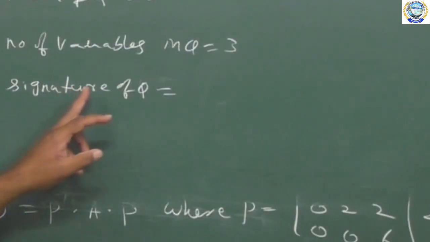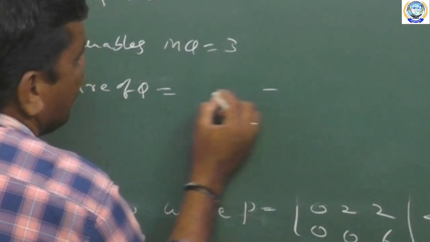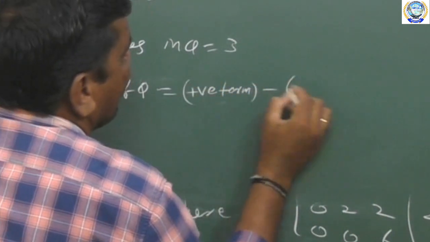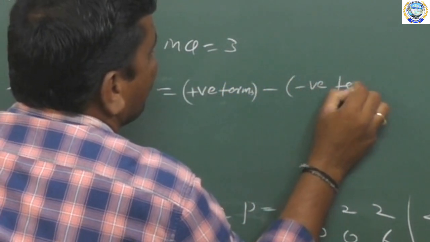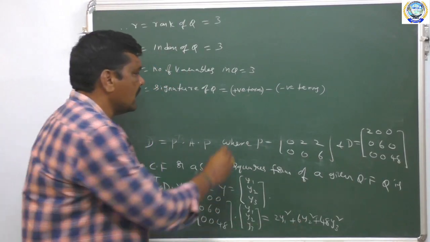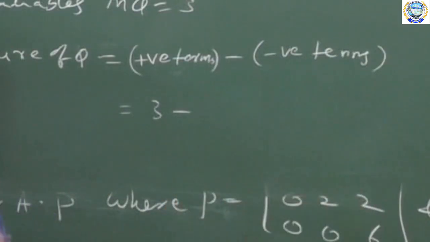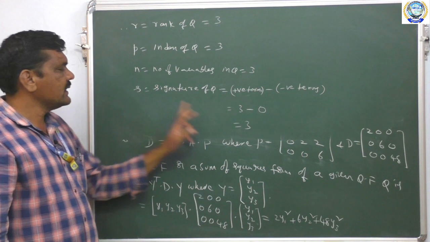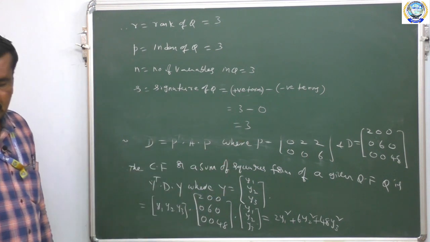The signature is the difference between the number of positive terms and the number of negative terms in the canonical form. Here there are three positive terms and zero negative terms, 3 minus 0, that is 3.